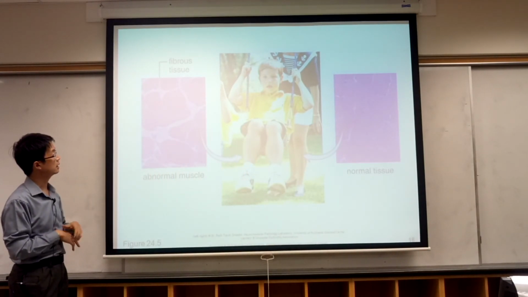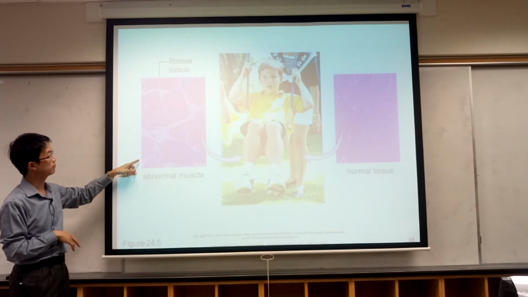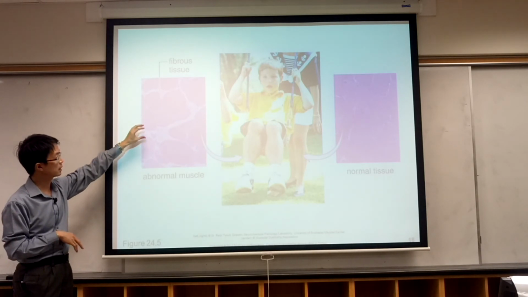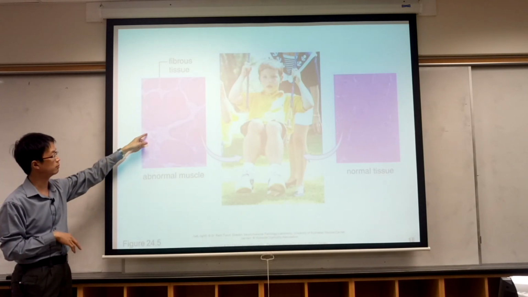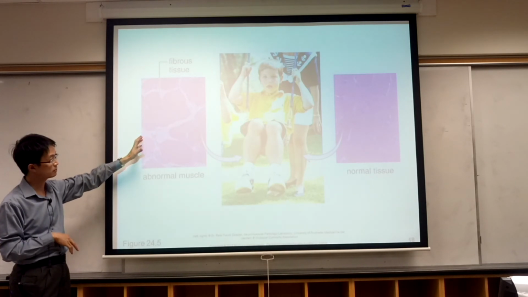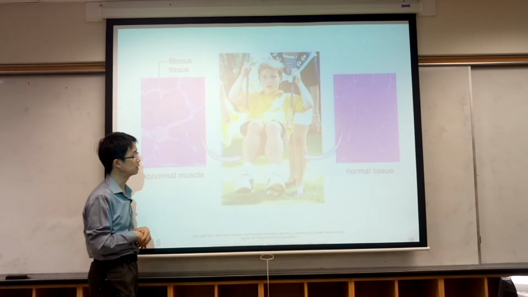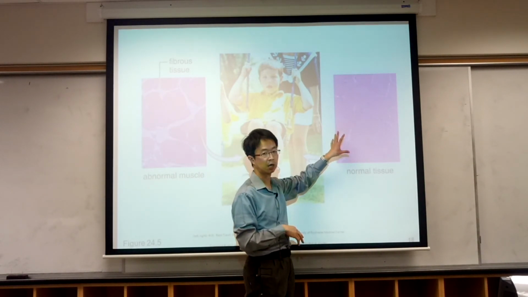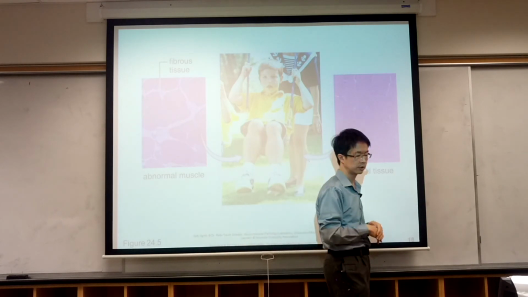So you can see that in the abnormal muscle, in people with Duchenne muscular dystrophy, the muscle cells become smaller because you have more fibrous tissue and fewer muscle cells. In here, you have more muscle cells, the density is higher, so that the muscle will be stronger.